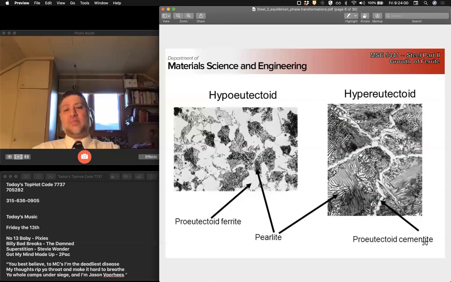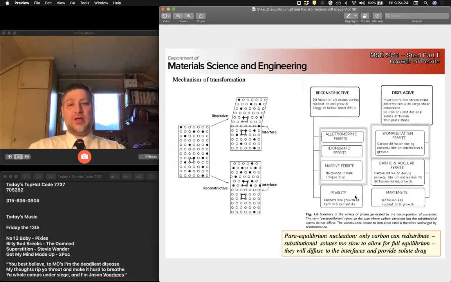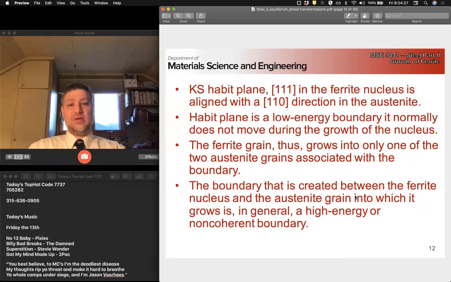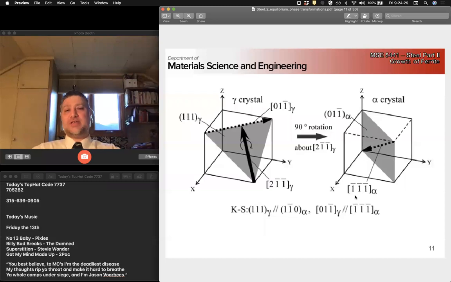And if we are below that, our equilibrium microstructure is going to be ferrite and pearlite, right? If we're above that and we're in a hypereutectoid composition, our final microstructure is going to be a mix of cementite and pearlite.